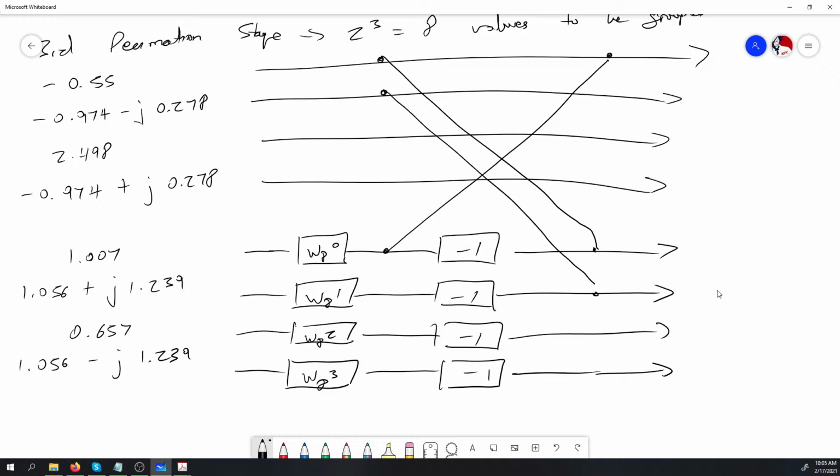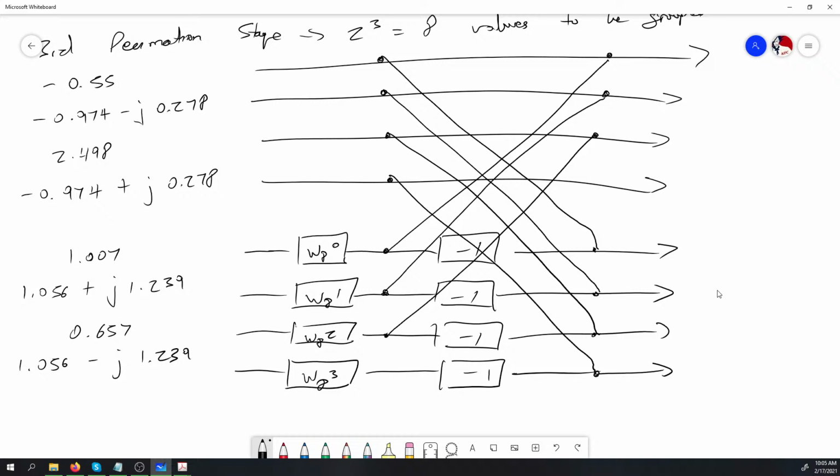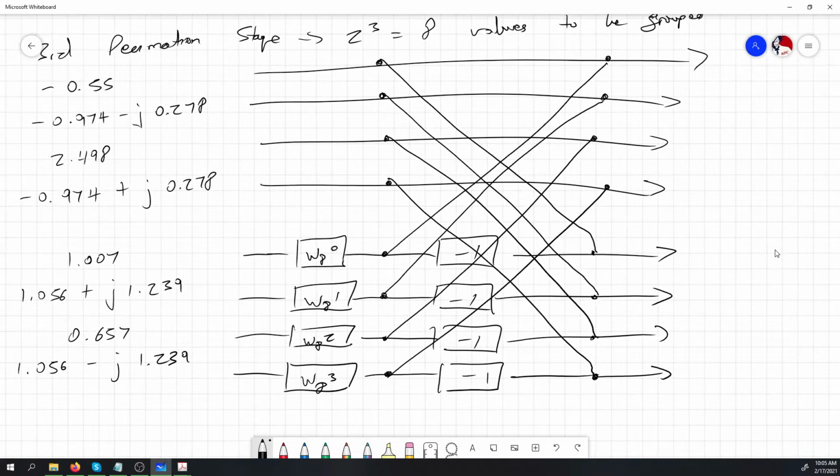Cross point here. Third one here. Cross points. Fourth one here as well. Alright. So that basically concludes how we go about drawing for the third decimation stage.